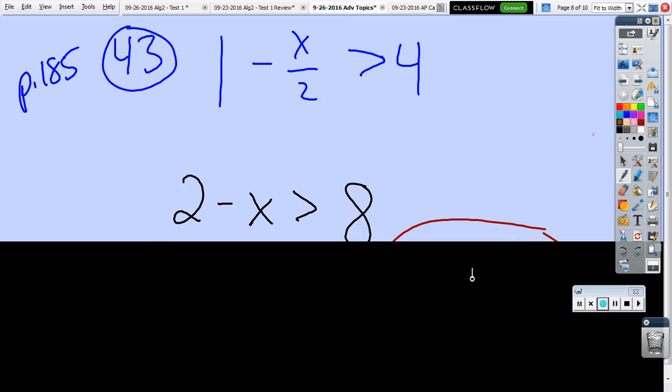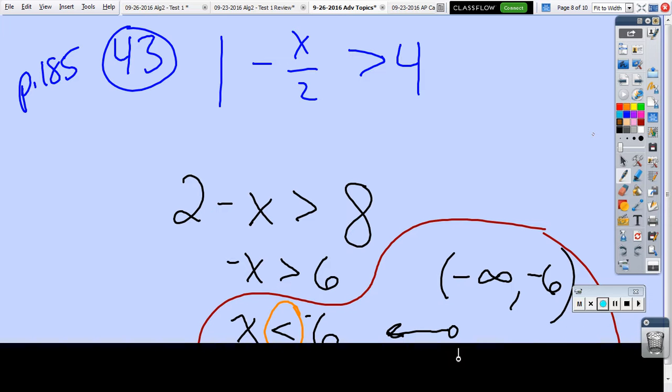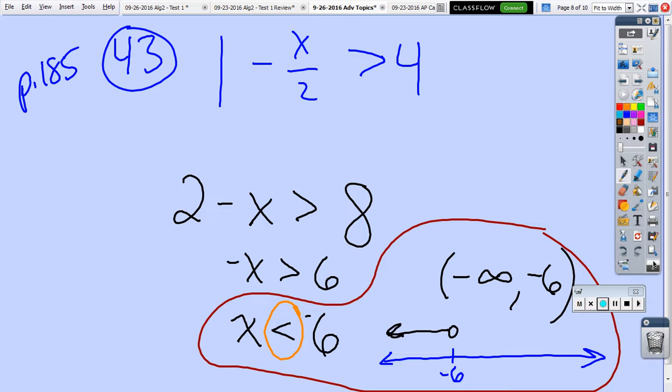And then continuing this path here, I went ahead and subtracted 2 from each side. So negative x is greater than 6. Put the negative on the other side, switch the sign. And then multiply or divide both sides by -1, you would have to flip it and say x is less than -6. Multiply or divide, it doesn't matter.